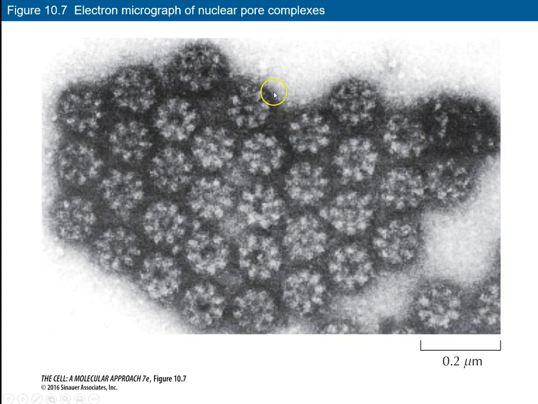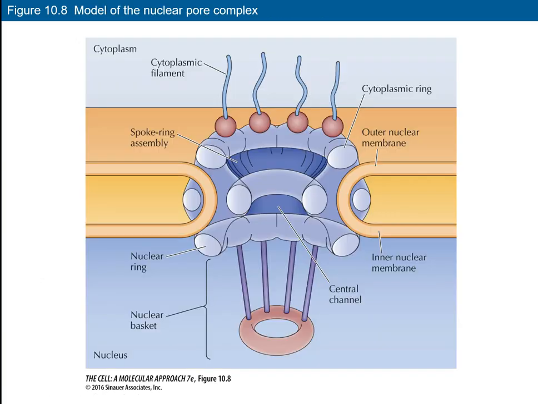This is showing you that electron micrograph where you can see those subunits. This is a top-down view, so this is the central canal going into the nucleus. If we look at a cartoon of that, this is cut in half, so it's showing you 4 of these subunits, but obviously it would go all the way around.